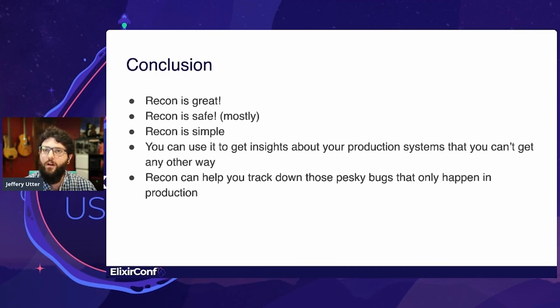You can keep most of the API in your head, and you don't have to have the reference documentation up all the time. And it can give you insights into your production systems that you can't get any other way, because you actually need that production environment with production traffic and production data. It can help you track down, or in my case for this particular example, rule out the cause of pesky bugs that only happen in production.